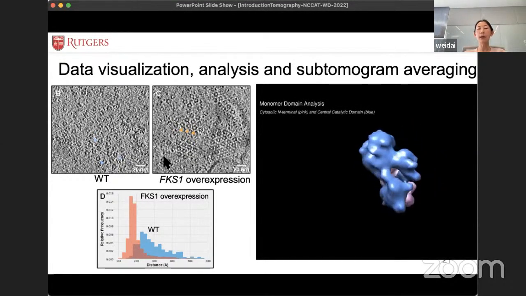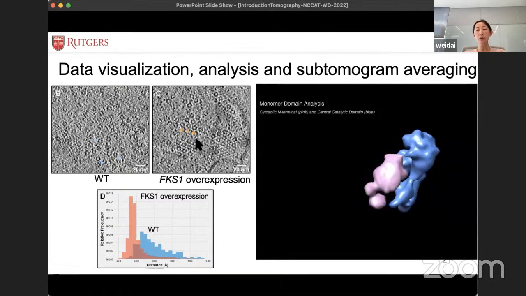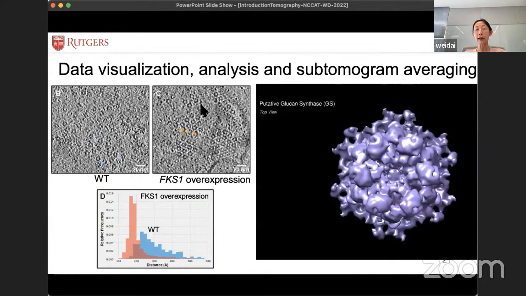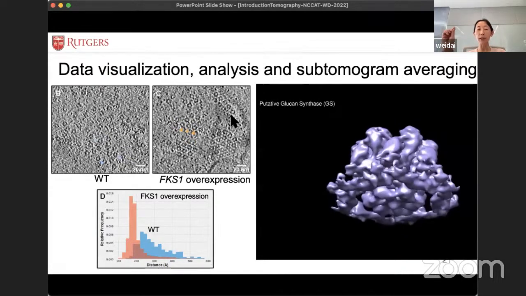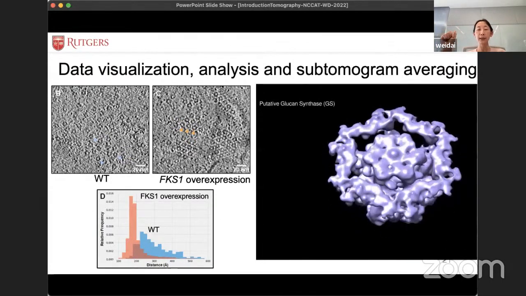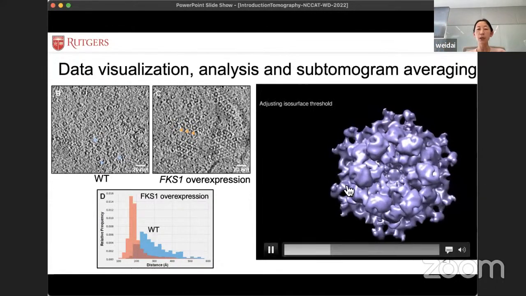And then also you can perform subtomogram averaging by computationally extracting each flower. We call it a subtomogram. And then computationally align them and combine information from hundreds or thousands of particles to eventually give you a 3D subtomogram average, as I showed in the movie, the purple map.